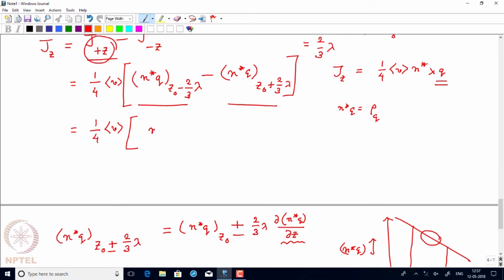So it will be n star q evaluated at z0, and there was a minus sign, remember, because upward is coming from the lower bottom layer. So I have to consider minus 2/3 lambda into this gradient, del of n star q del z.